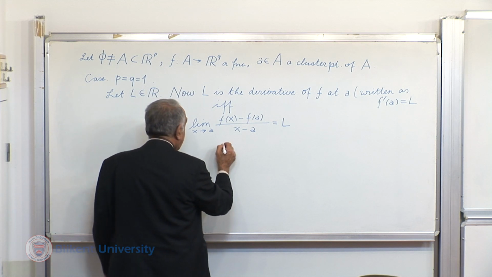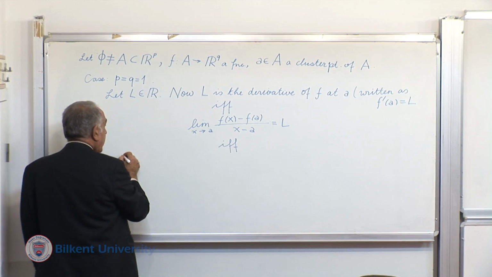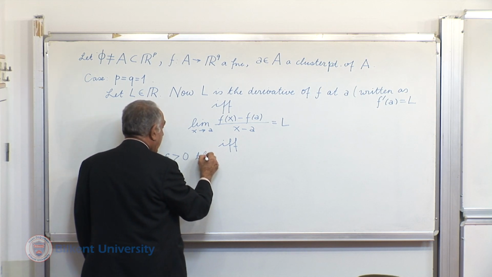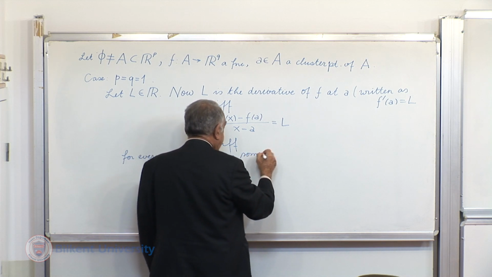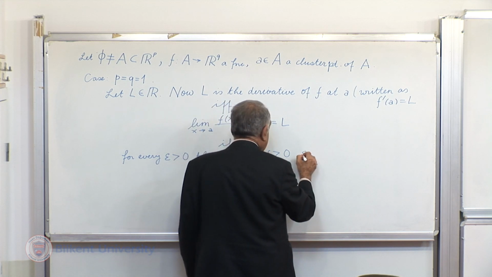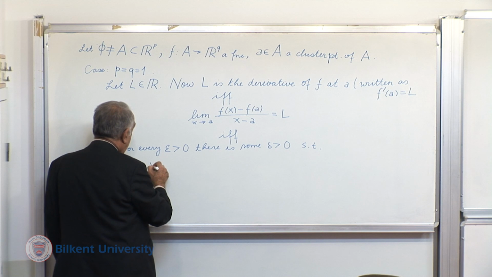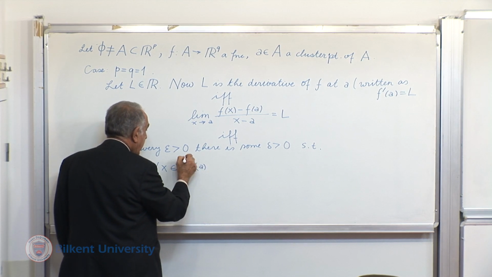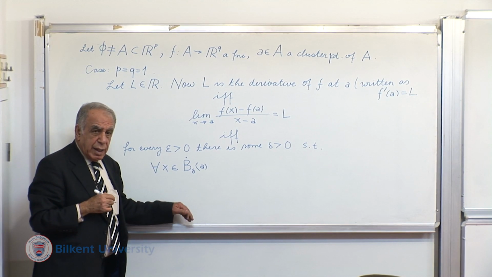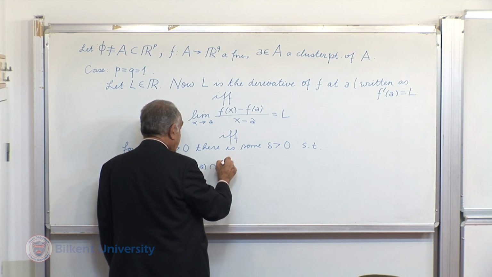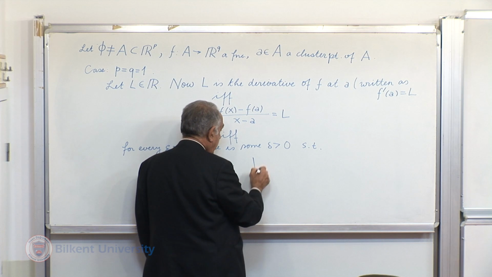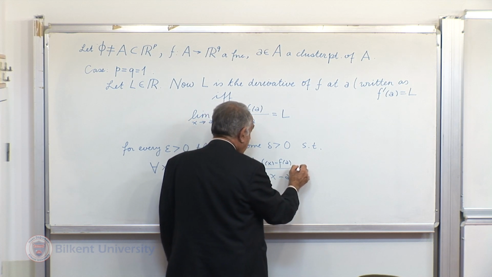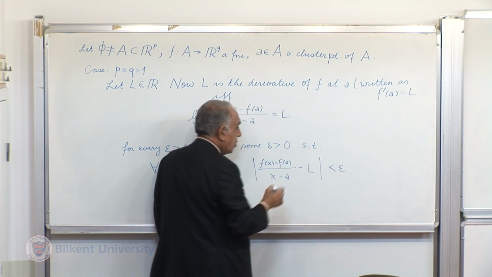This if and only if for every epsilon, there is some delta, both positive, such that for all x which are delta close to A, but punctured, delta close to A but not equal to A, but also in A, then the absolute value of f of x minus f of A over x minus A minus L should be less than epsilon.